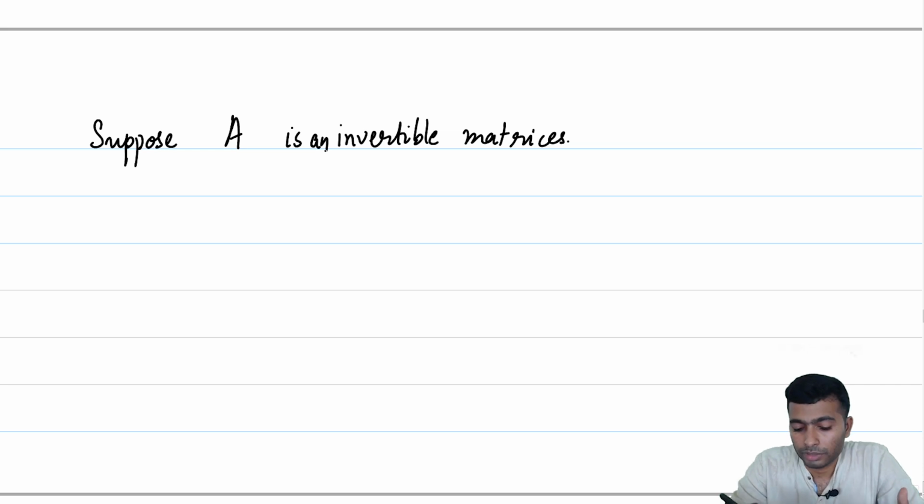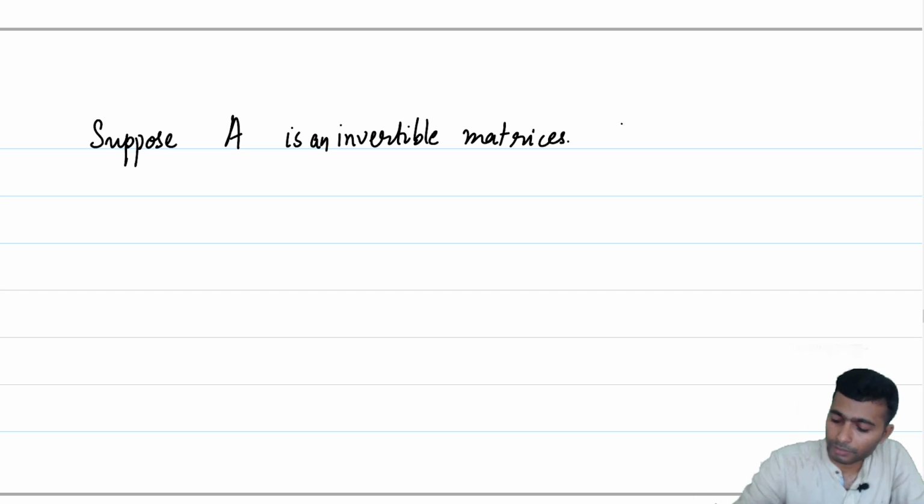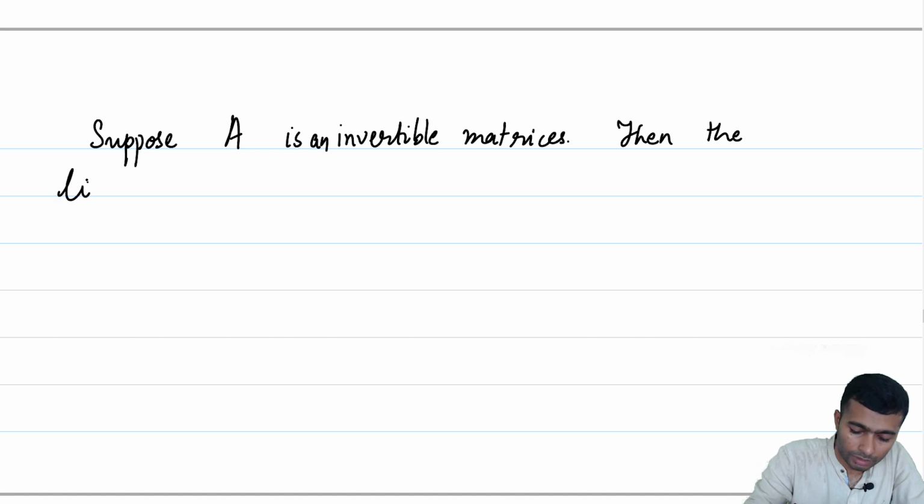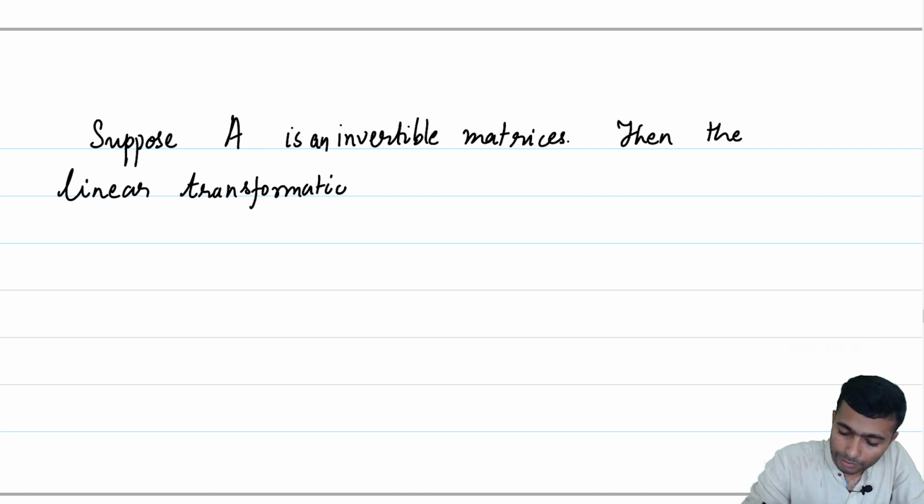What do we know about the associated linear transformation LA? So, if A is invertible, then the linear transformation LA, we know that this is also an invertible linear transformation.